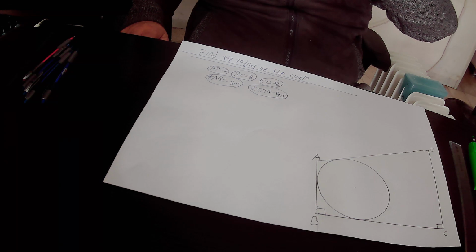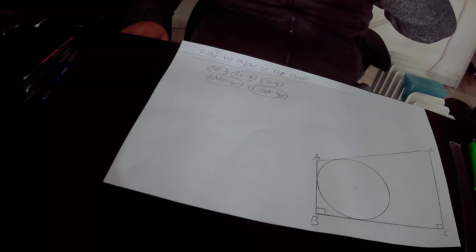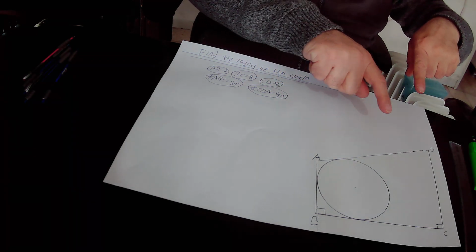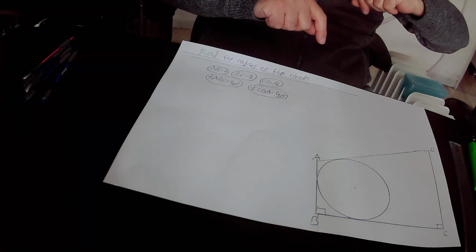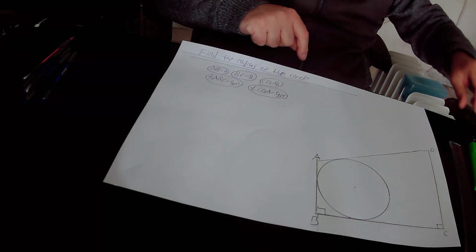Okay, so in order to find the area of this circle, we'll do a construction. That is to say, we'll extend side DA and side CB of this quadrilateral by a straight line until they touch each other.